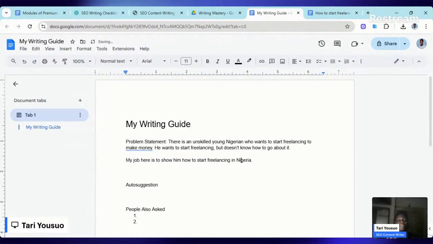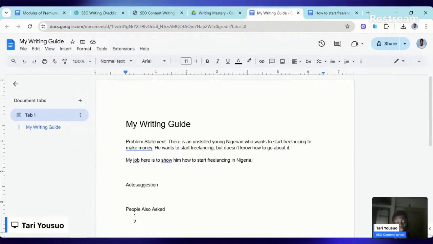gets you into the right frame of mind, where you're thinking, okay, I'm speaking to someone who is in their mid 20s, precisely a male. That's who I'm trying to speak to. Yes, this could also speak to females, but my framing is I'm trying to speak to a male, and the person is unskilled. So the key here is the person is unskilled, is a young Nigerian male, and is interested in freelancing but doesn't know how to go about it.